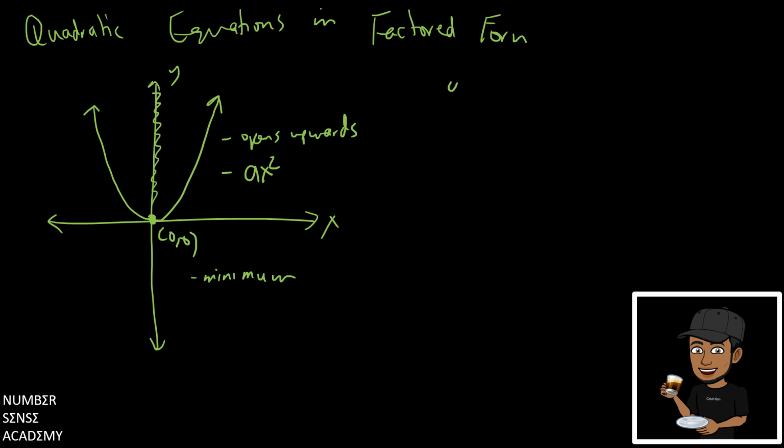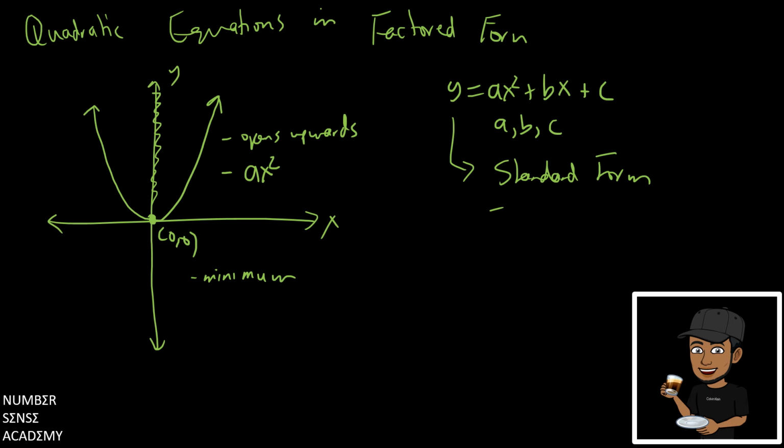So if I have an equation in y equals ax squared plus bx plus c, depending on what values I have for a, b, and c, I can make some suppositions about what this graph will look like. But if I wanted to graph it in this form, which is standard form, I would either have to use a graphing calculator, some technology, or do the whole thing manually, which could be very tedious.